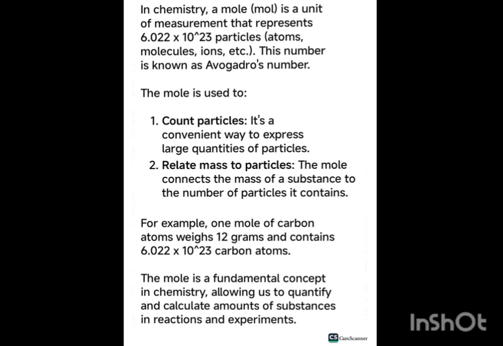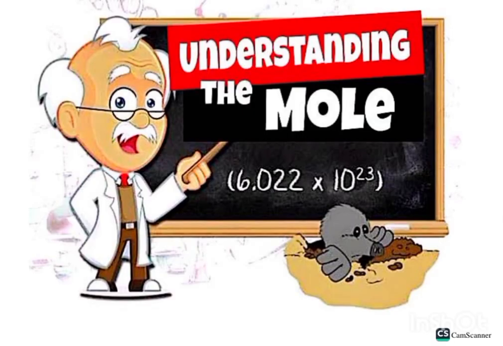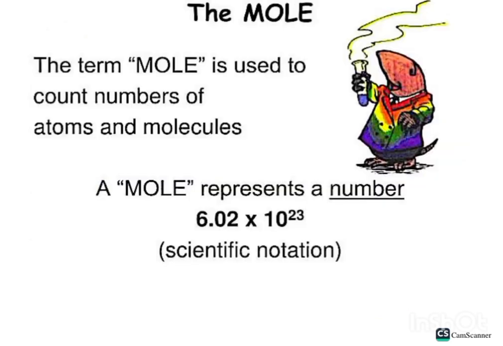So I hope you have understood the concept of mole. Just remember that the mole is always a constant value. A mole is the amount or quantity of a substance which shows the number of atoms or ions or molecules in any quantity of substance which you are going to measure. 1 mole is always a constant value, equal to 6.02 into 10 raised to power 23.